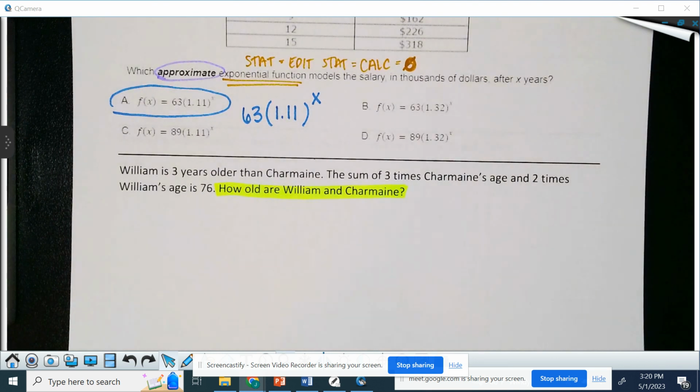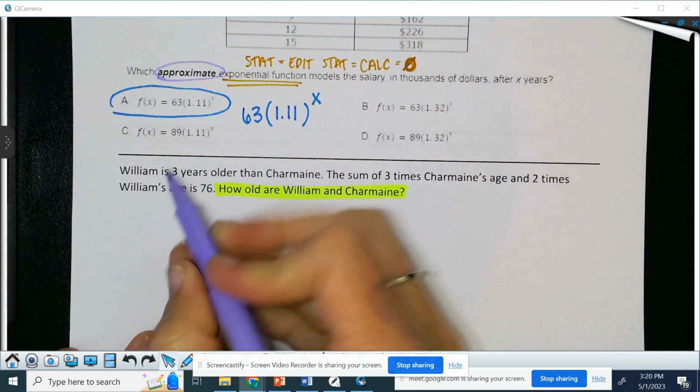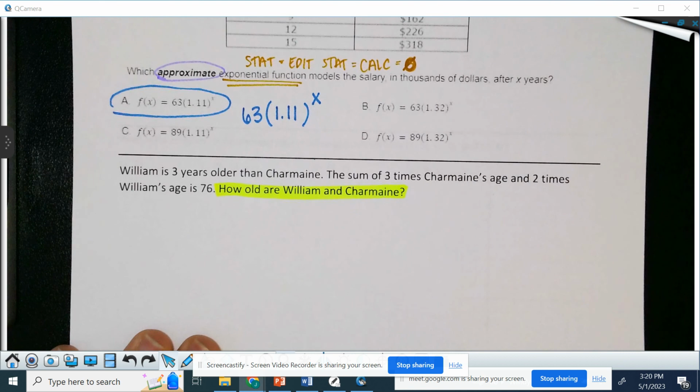Okay. Periods. So your punctuation matters. I feel like we just crossed into English class, guys. Hold on to your britches. I'm not good at it. So William is. What is another word for is in math? Like, what does is mean? Like an operational symbol. Equals. Good. Equals is.